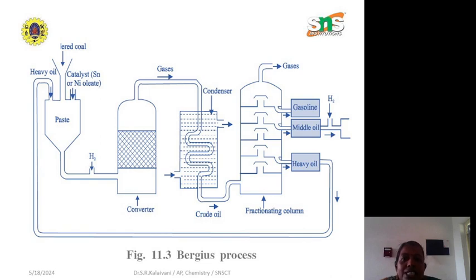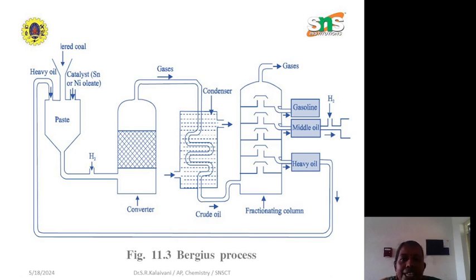That crude oil next goes to the fractional distillation set, which has a large number of trays with chimneys. Crude oil is fractionated into different trays based on their boiling points. Then middle oil, gasoline and heavy oil are formed. Gasoline is known as the synthetic petrol. Middle oil is further hydrogenated to form gasoline again.